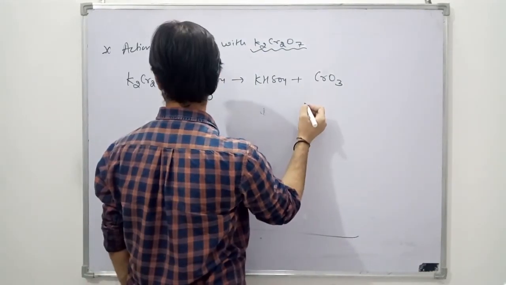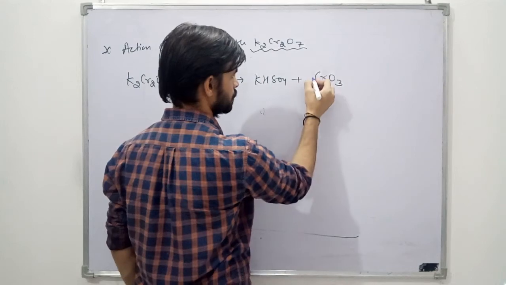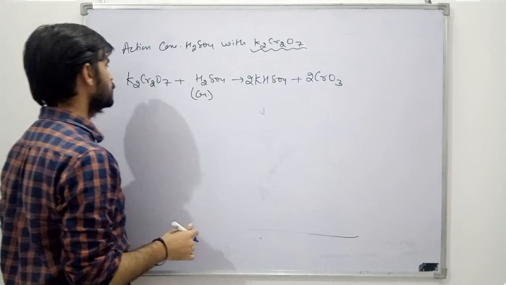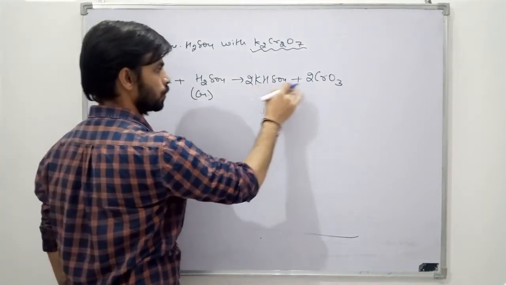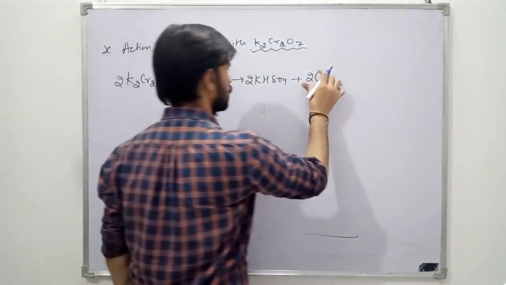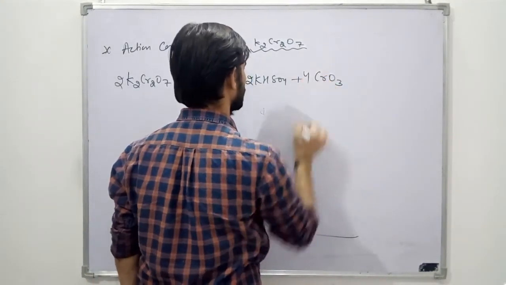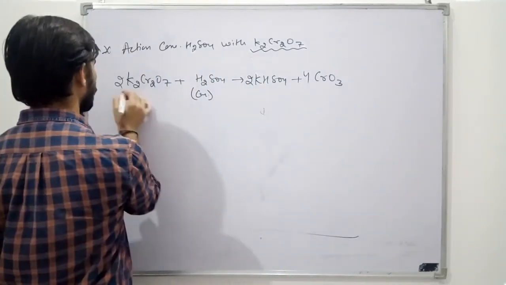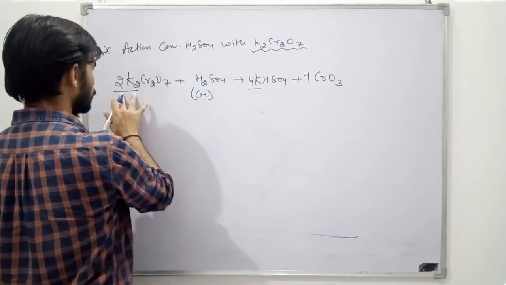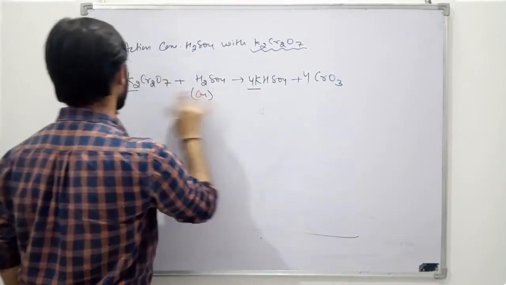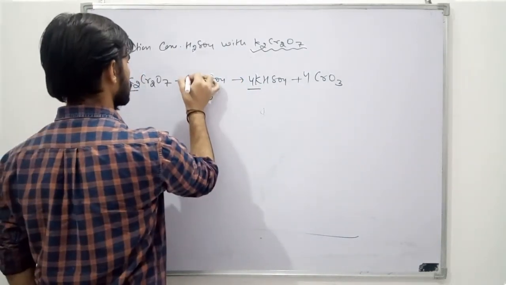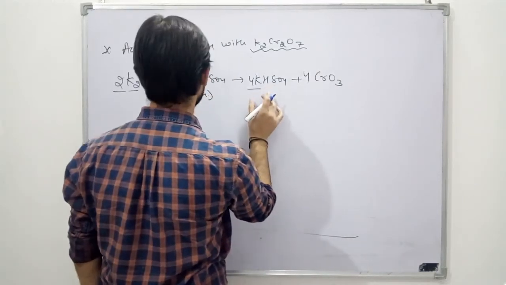Now for chromium trioxide we have to use 2 chromium and 2 potassium. As we use 2 potassium, K2SO4, KHSO4, use 4, then we use 4 potassium, 4 chromium, hydrogen 4, H2SO4.